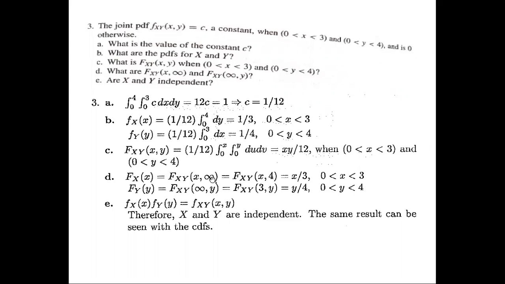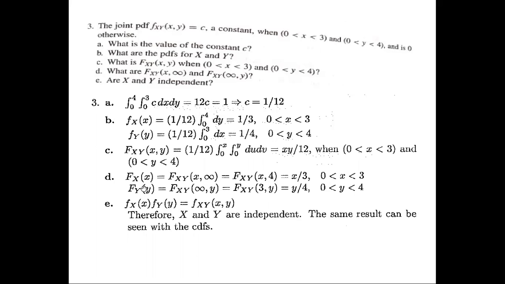So whether I write infinity or 4 doesn't matter. Taking xy divided by 12, the y value will be 4, so x into 4 divided by 12 will give us x by 3.